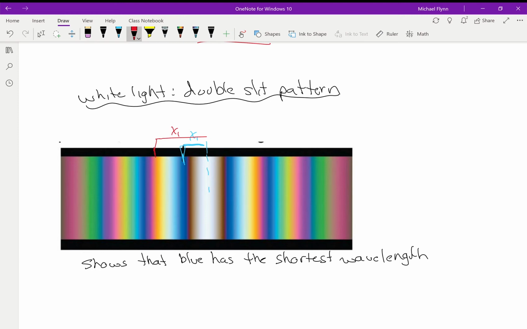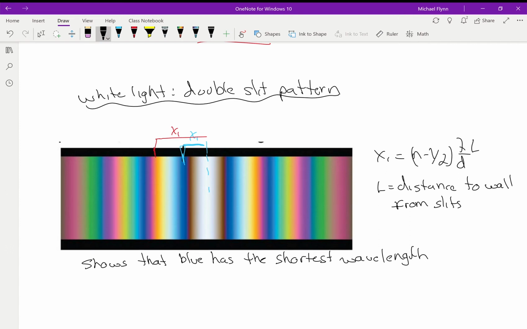If you look at the equation you would use to find x, xn over L equals (n minus 1/2) times lambda over d, so xn equals (n minus 1/2) times lambda over d, times L. L is the distance from the slits to the wall. d is the separation of the slits.